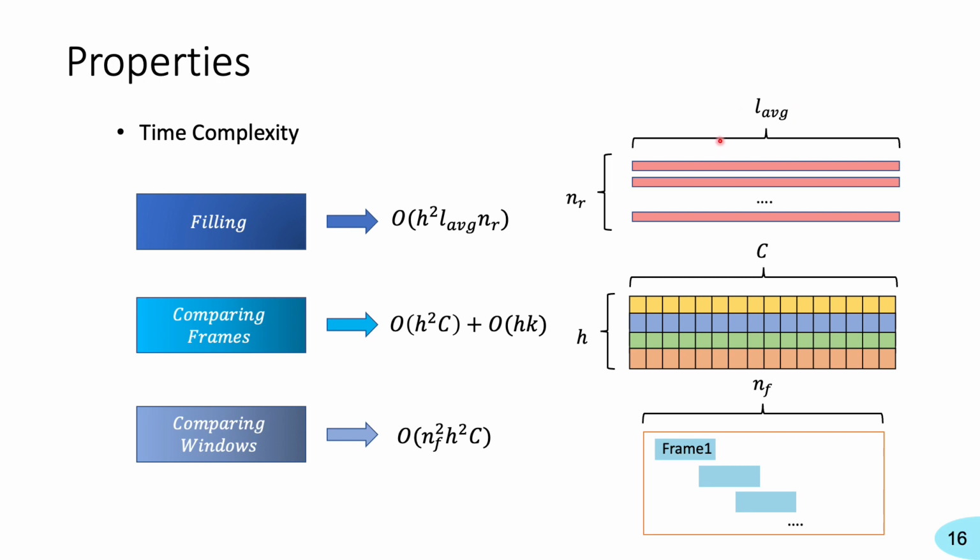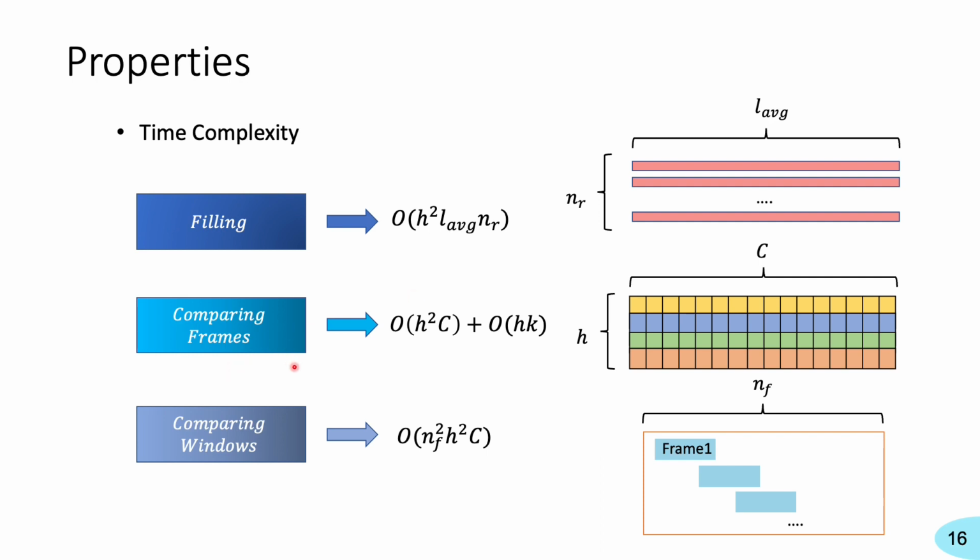If we define the average length of input reads as L average, the number of reads as NR, the number of columns in stash as C, and the number of rows in a stash frame as H, and finally the number of frames in a stash window as NF, the time complexity of filling the data structure would be O of H squared times L times NR, where if we assume H to be a small number, then the time complexity of filling stash is linear with respect to the input data size.